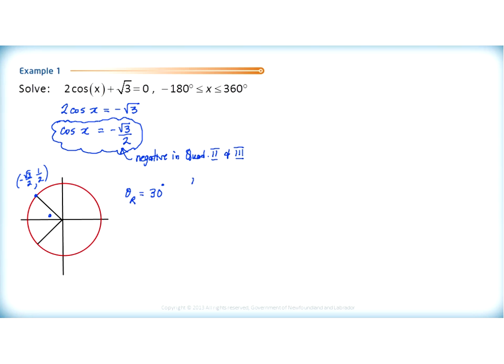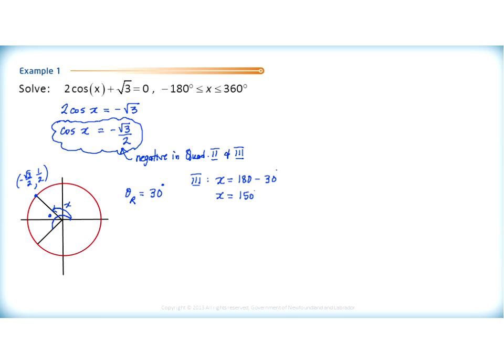Then in quadrant 2, the measure of our angle, the first angle for x, is going to equal 180 degrees minus the related reference angle of 30 degrees. So we have x is equal to 150 degrees. That's the measure of x on the first rotation around the unit circle.